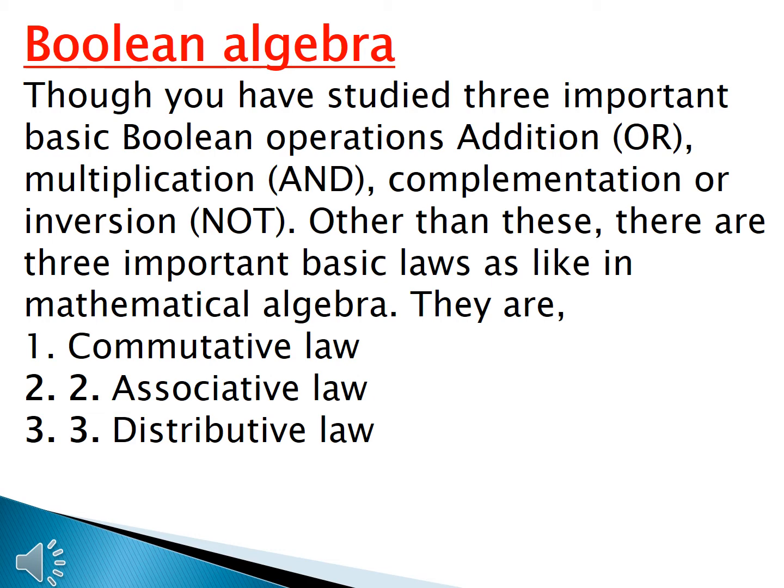After that we can write it on the upper side: A + (B + C) equals (A + B) + C. If you draw the truth table for the LHS, you should write A, B, C.